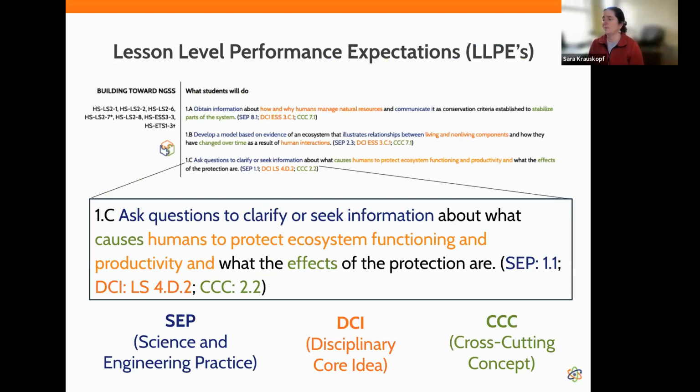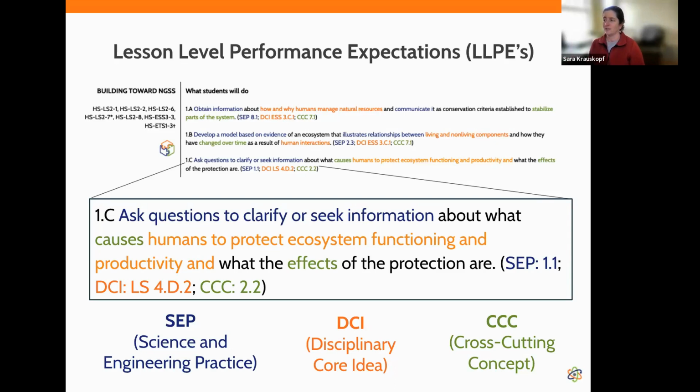So again, the PEs are very broad NGSS language of what's being covered. And because we are putting all this information in a particular context, we also have what are called LLPEs, or lesson level performance expectations. And so every lesson has more specific expectations for what students should be able to do by the end of the lesson.